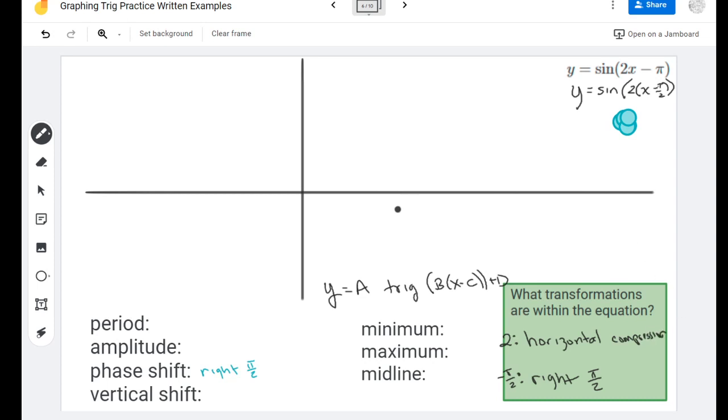And compressions bring a whole different level of difficulty in terms of graphing. So there's no vertical change, so we still go between 1 and -1. We still want our 4 tick marks going to 2 pi, but we know that we're going to shift to the right by pi over 2, so we also want to make sure to have that extra tick mark.